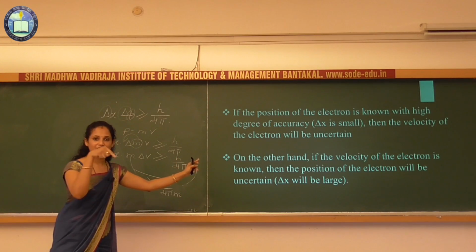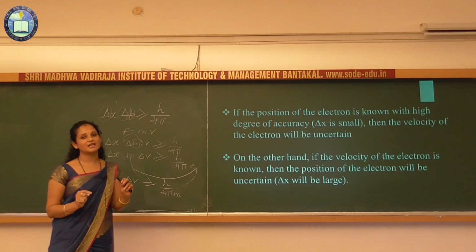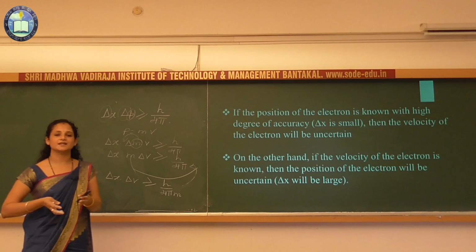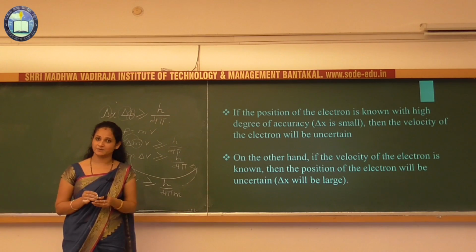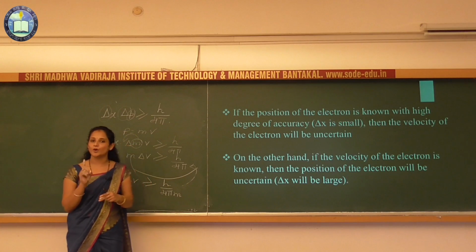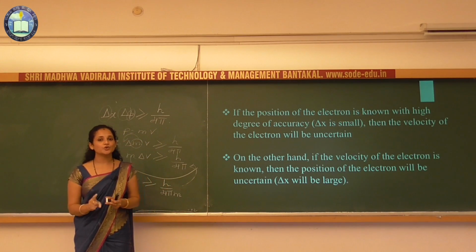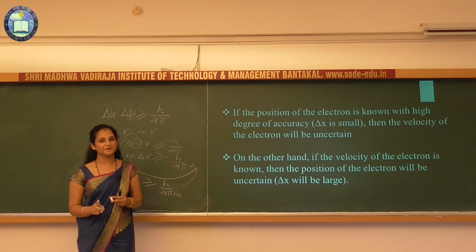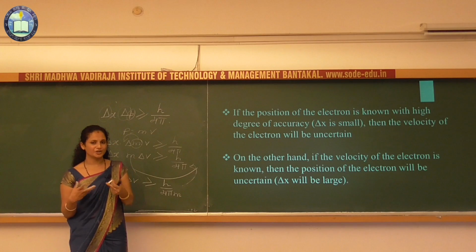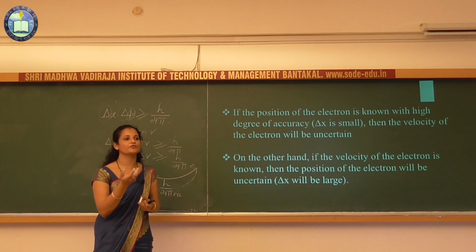But whenever we focus the light on an electron, the position as well as velocity will change. So this is how the Heisenberg's uncertainty principle is applicable only for microscopic objects. That means it is not possible to determine the position as well as velocity of a microscopic particle, but we can easily determine the position as well as velocity accurately of bigger bodies or moving objects like a moving bus, moving car.